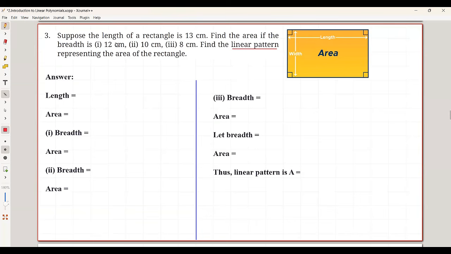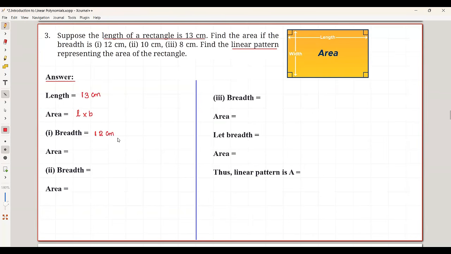The length of the rectangle is given as 13 centimeter. We know that the area of the rectangle is length into breadth. The breadth is given as 12 centimeter in the first case.